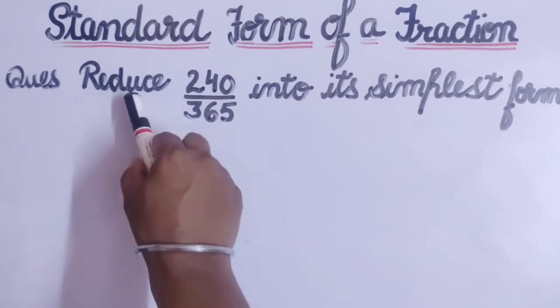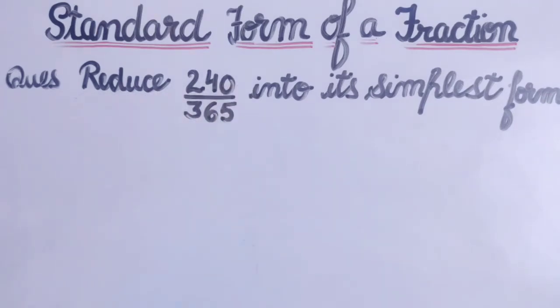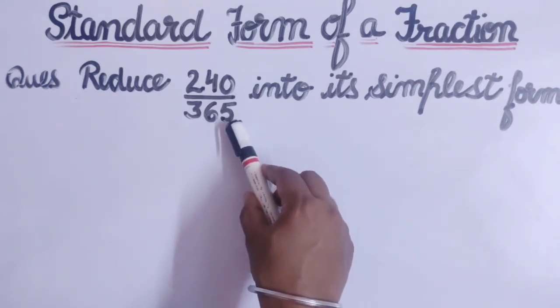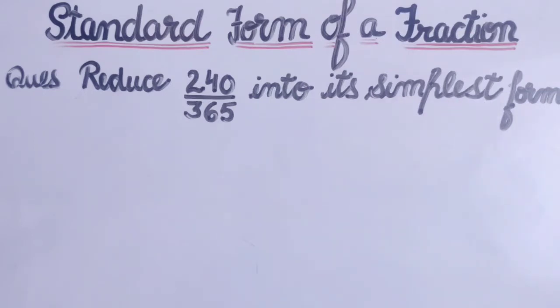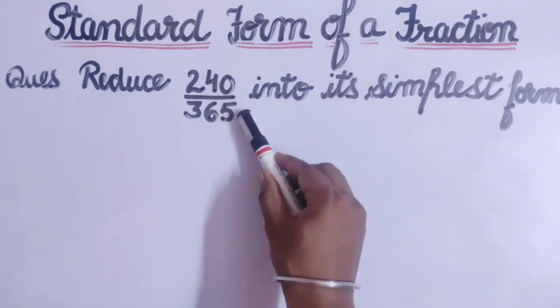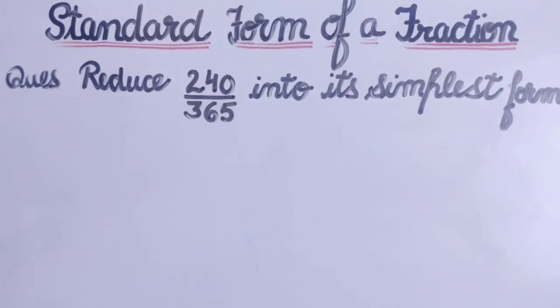Question is, reduce 240 by 365 into its simplest form or in standard form. So students, steps to reduce a fraction into simplest form are: first step is we have to find out the HCF of numerator and denominator of the given fraction.